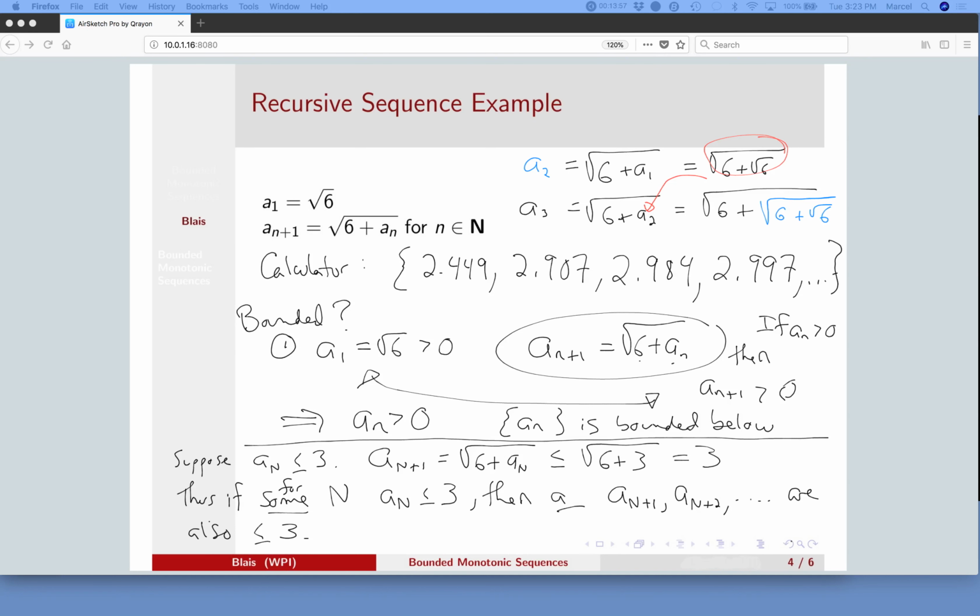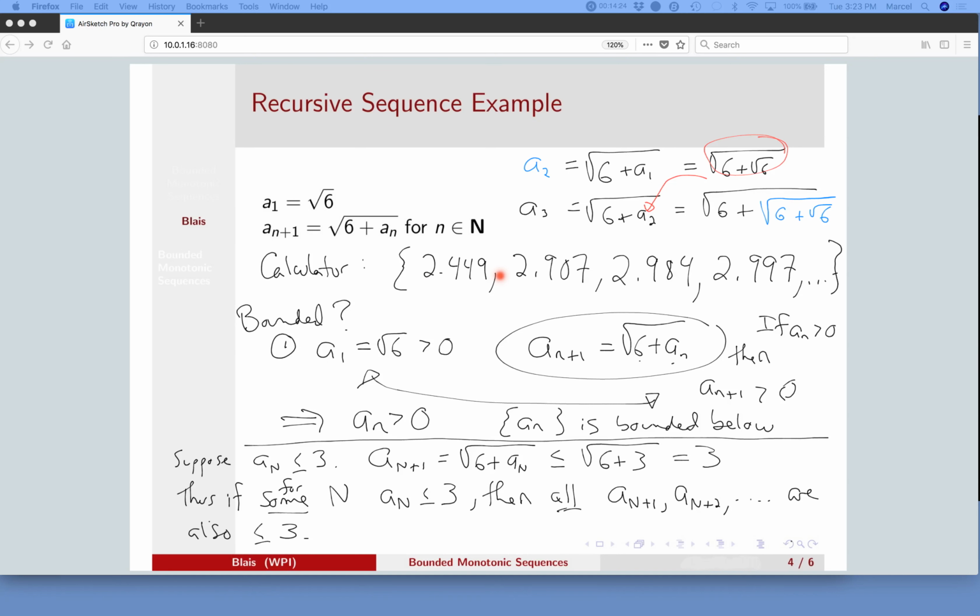And the reason why it works for every term thereafter is this rule says if you find one that's less than or equal to 3, then the next one is less than or equal to 3. But then you can repeat that argument. Then the one after this is less than or equal to 3. So on and so forth. So if we can find one term in the sequence that's less than or equal to 3, then all the rest of the terms are less than or equal to 3.